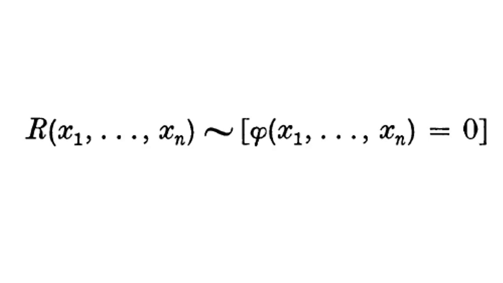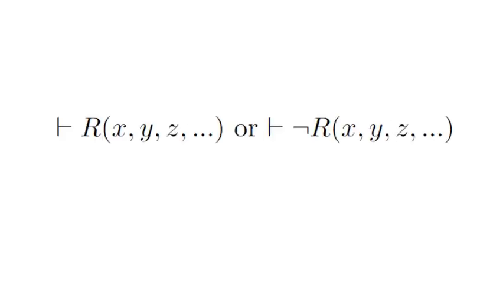Recursive relations have a very special property, and that is that you can always prove from the axioms of number theory either that R holds for certain numbers or that the negation of R holds for those numbers.